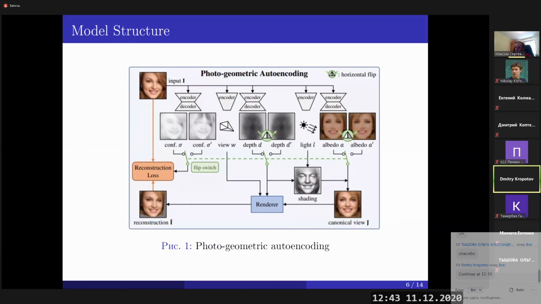There are no parameters. Yeah, for sure, the renderer has no parameters because it just constructs the output image from the input information. Well, projection is performed with no error. It's just a geometry transformation.